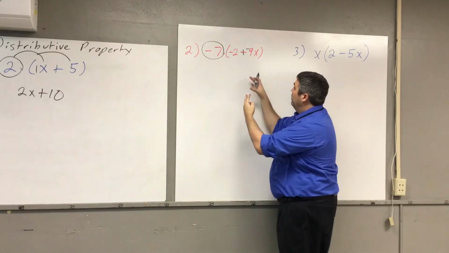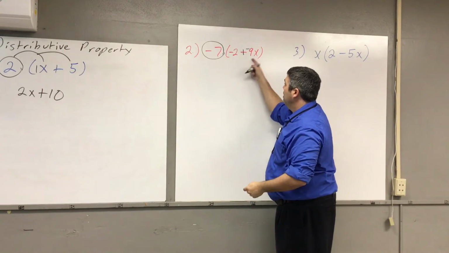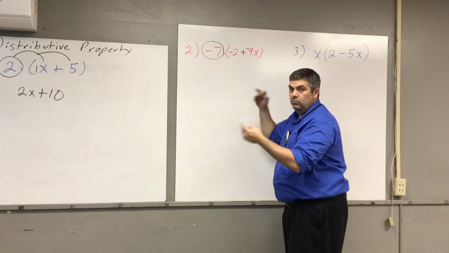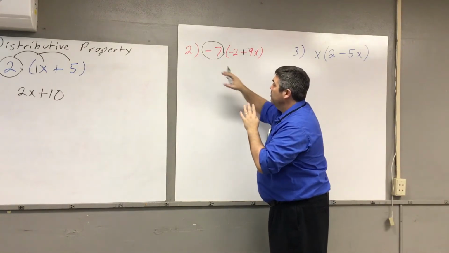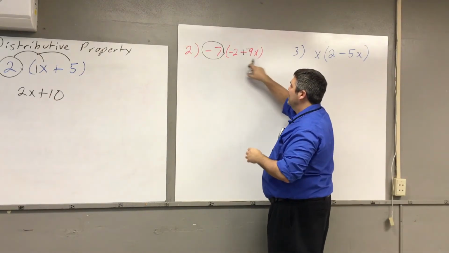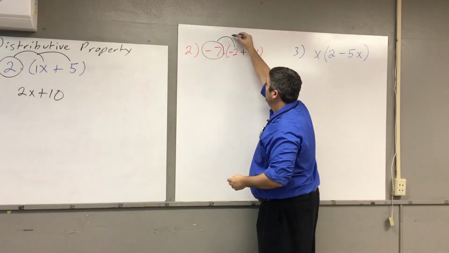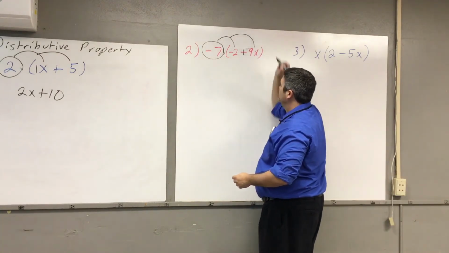Well, in here we can't combine those down because they're not like terms, which I'll get into in a minute. So in order to get past this, we're able to multiply this times everything inside there. So -7 times -2, -7 times -9x.